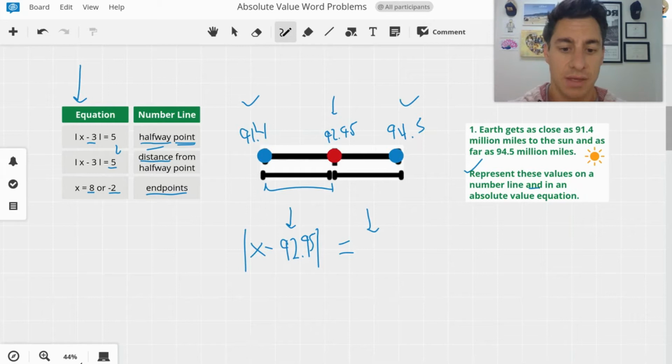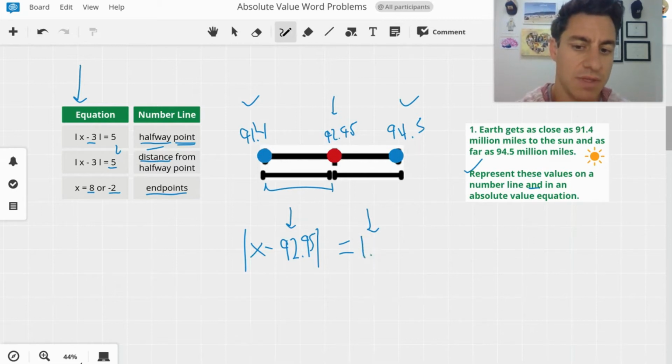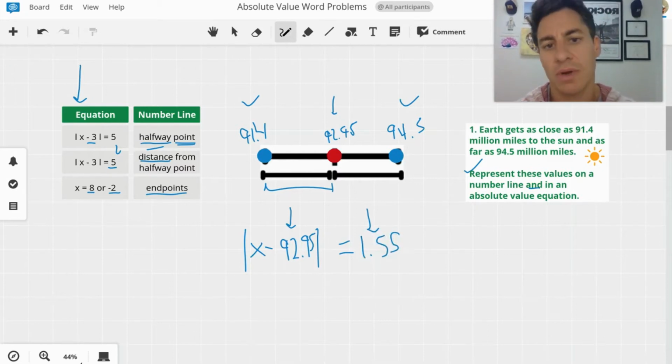Remember, absolute value is all about distance. Doesn't matter if it's positive or negative. So just another tip for this spot right here, whatever the distance from the halfway point is, just represent it as positive. Don't worry if my calculator said positive or negative. This value here, we're always going to write in as a positive.